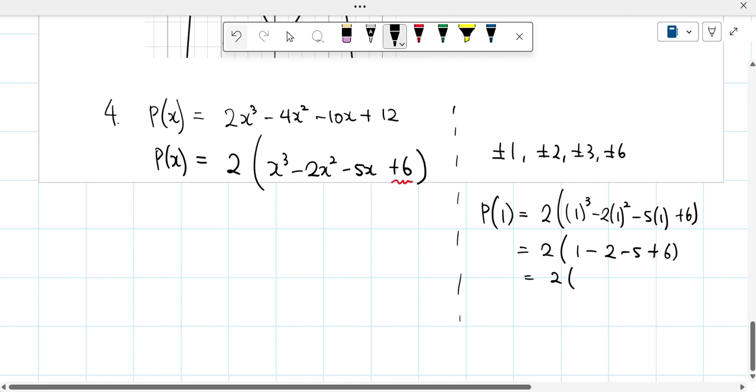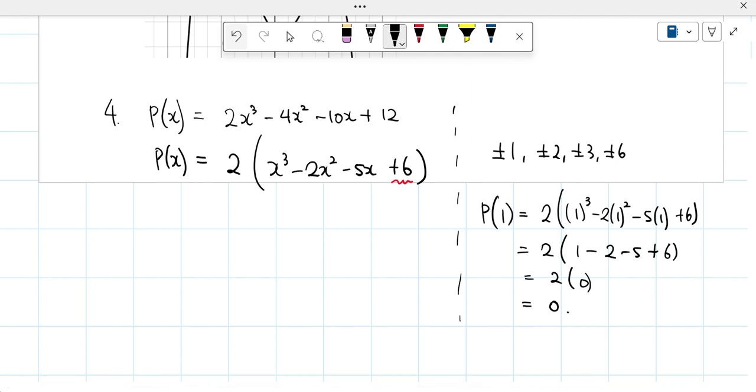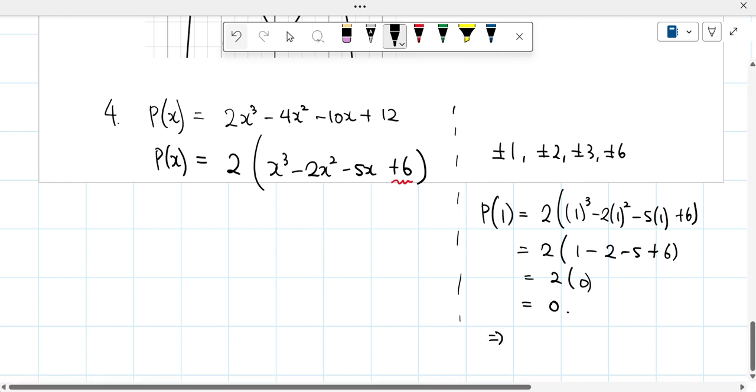Oh, we're lucky. I think we got our answer for the first time. So we got p of 1 is equal to 0. Yay us. So now what? Using the factor theorem, we know that x minus 1 is a factor of p of x.